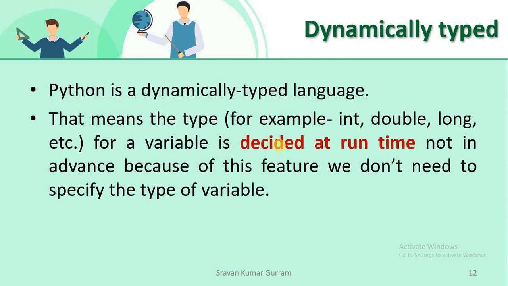Because of this feature, we don't need to specify the type of variable. While developing the code, the developer need not mention the data type of a variable. Directly you can take the variable and assign the value. At runtime, the data type of the variable will be decided based on the value you are assigning.